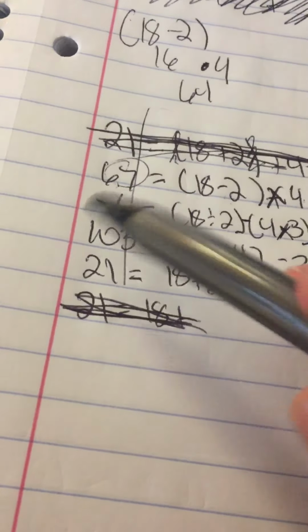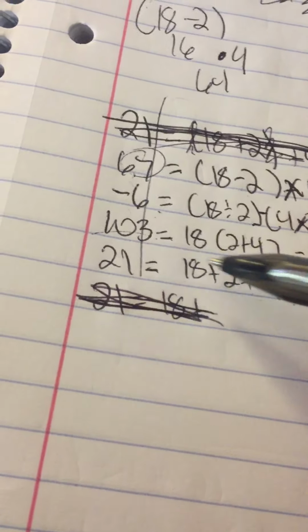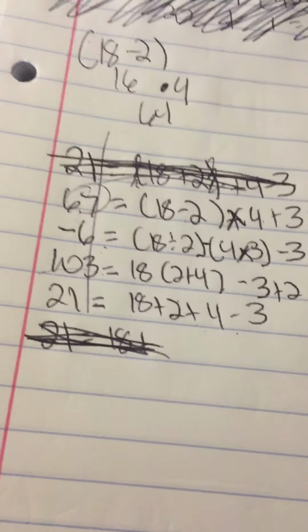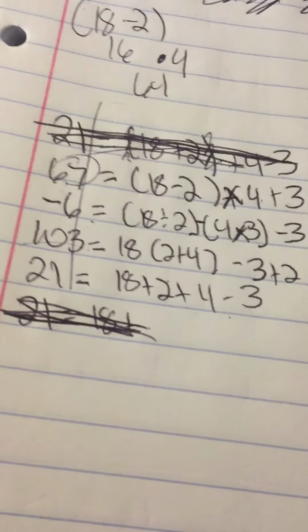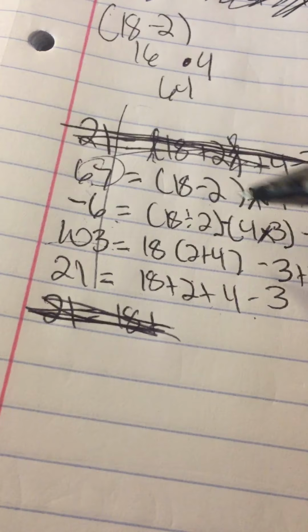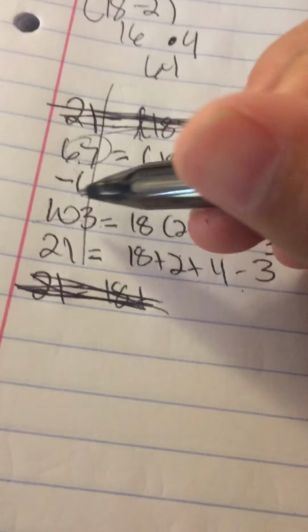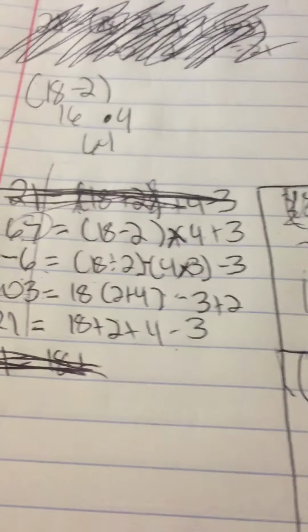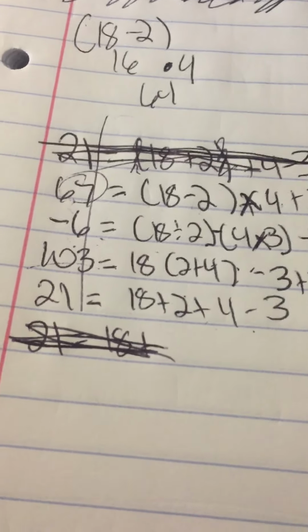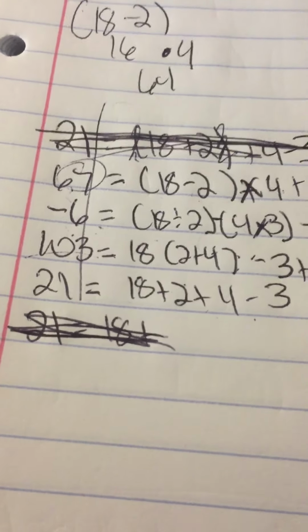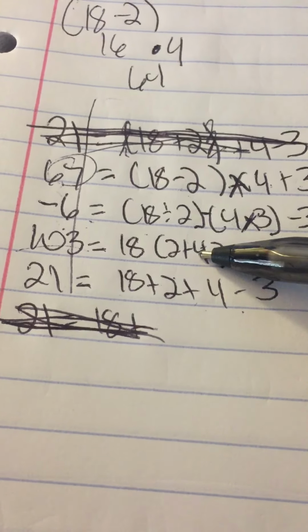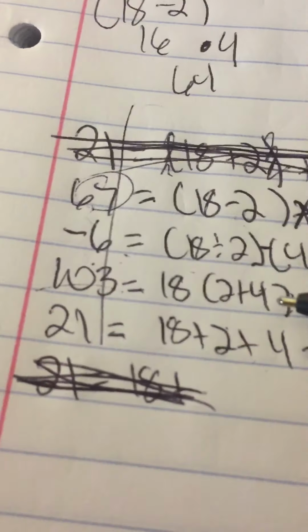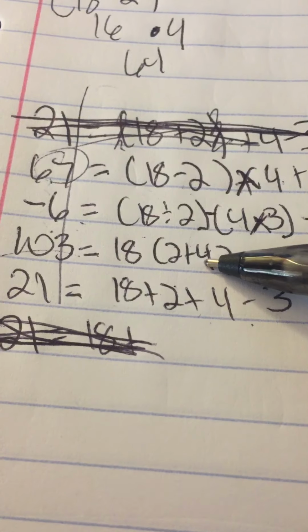And so, let's see, the number that we needed next was 103. Hopefully I'm not getting too sloppy, and it looks like I can keep up. But, 103, 18, 2 plus 4. Okay, so I knew that I needed to get to a pretty large number when it came to here. So I had to kind of experiment with what I needed to multiply.